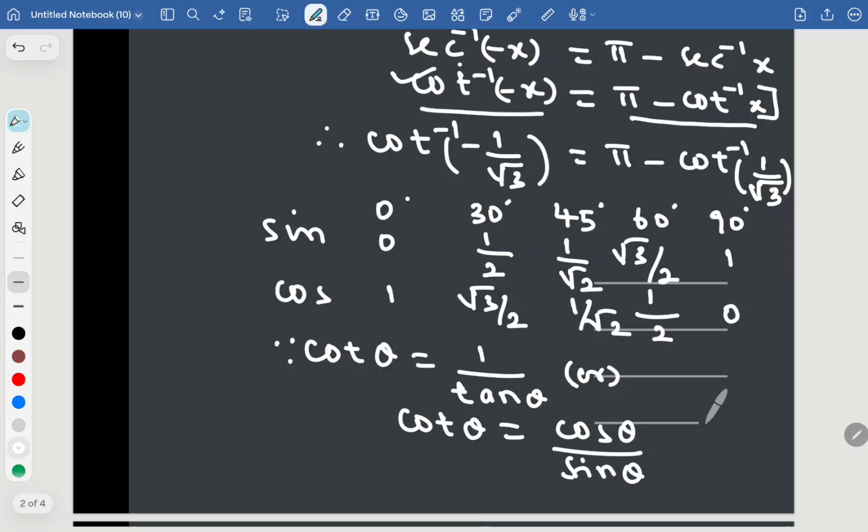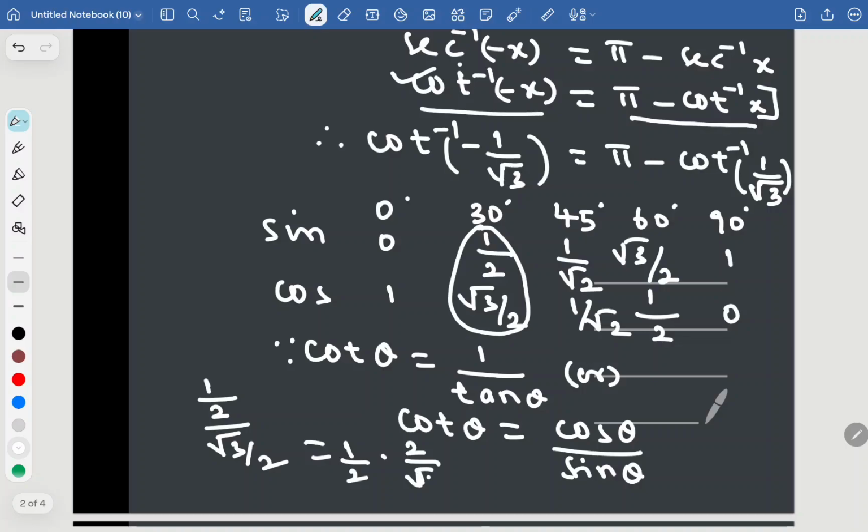See, if you divide 1 by 2 by root 3 by 2, 1 by 2 into 2 by root 3, 2 cancel, you are getting 1 by root 3.